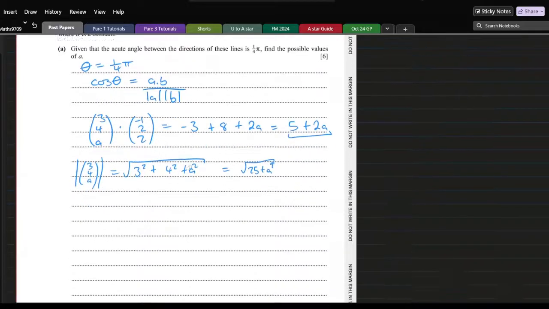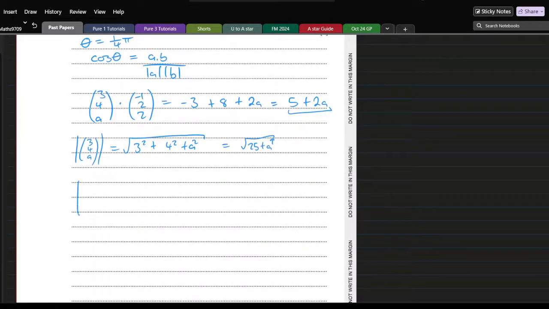Alright, and then we'll do the same for the other direction. The modulus of (negative 1, 2, 2) is equal to the square root of negative 1 squared plus 2 squared plus 2 squared. So that's 4 plus 4, which is 8, plus 1, that's 9, root 9 is 3.